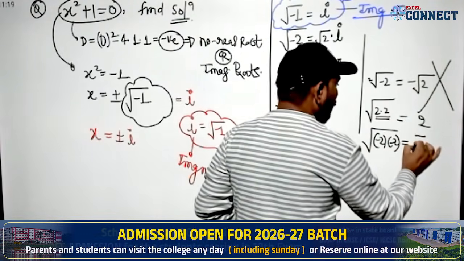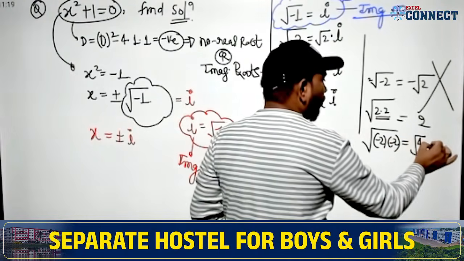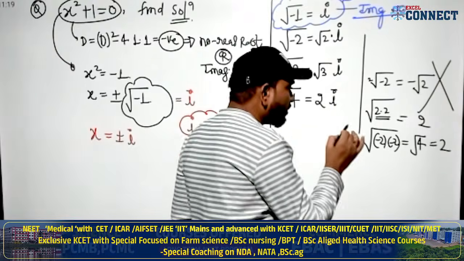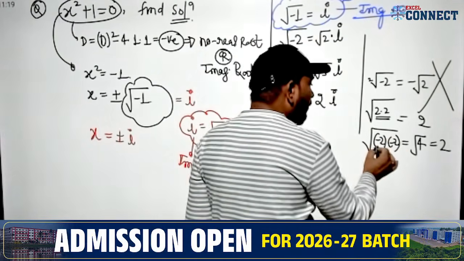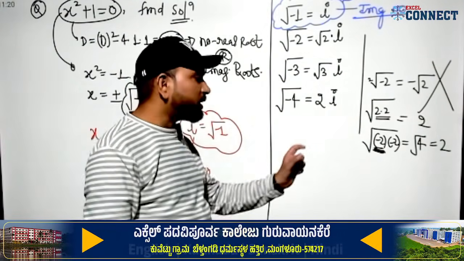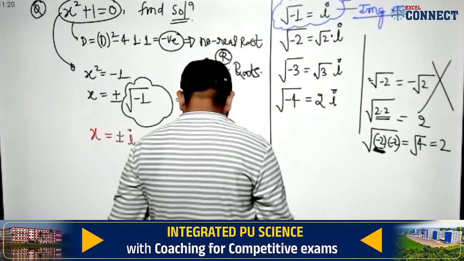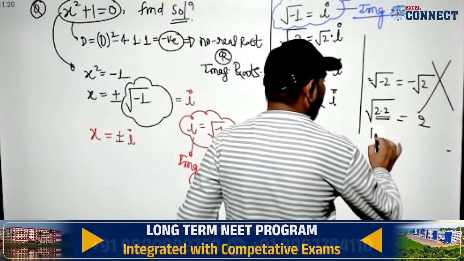Actually it is 4. You can take 2 into 2, which is 4, minus minus plus, and take 2 outside. But the problem here is that this is only 2, not minus 2. Minus is not coming outside from this root. This is wrong, so we can't write like this. Minus we can't take common from the square root.